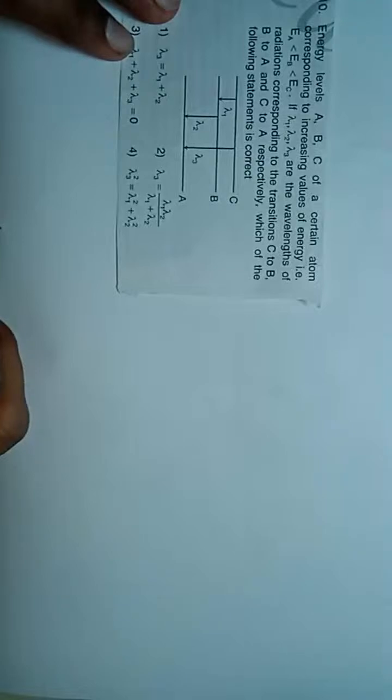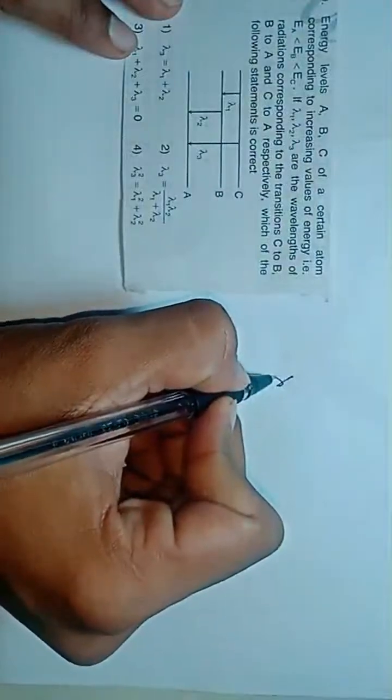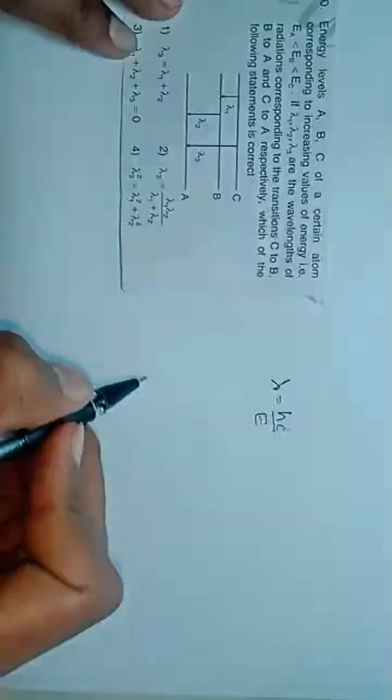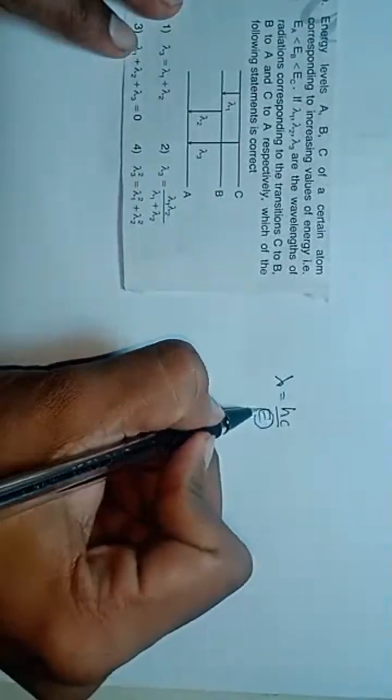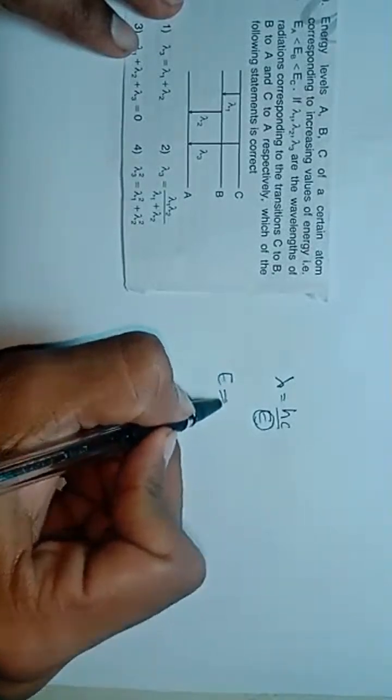If you go through the tricks, it will be easy, I guess. You know the basic formula, lambda is equal to hc by E. That is, energy is equal to hc by lambda.